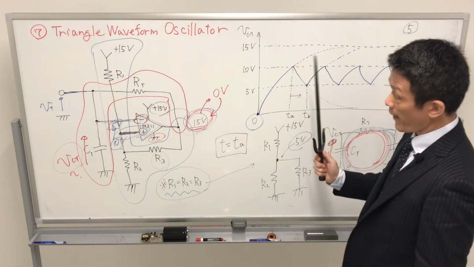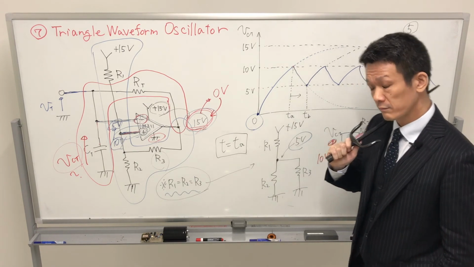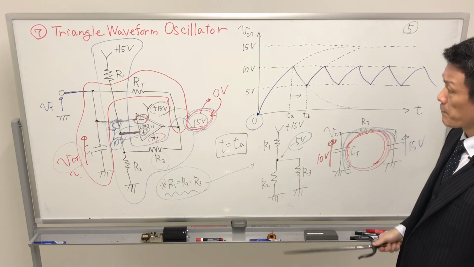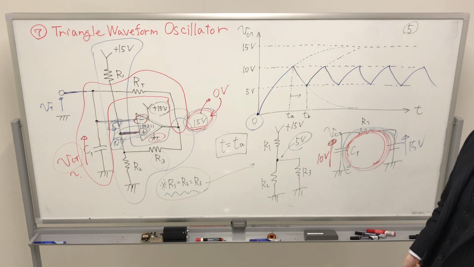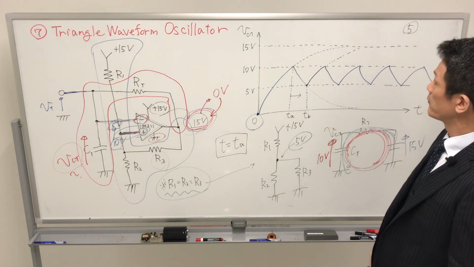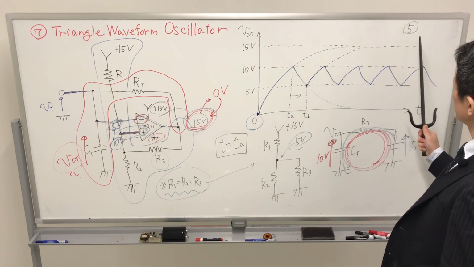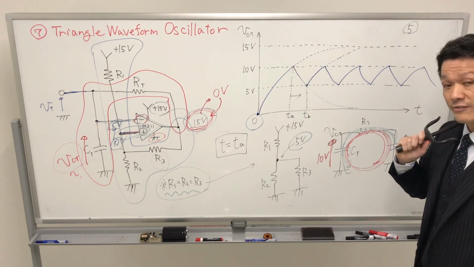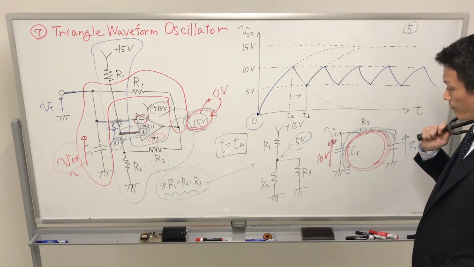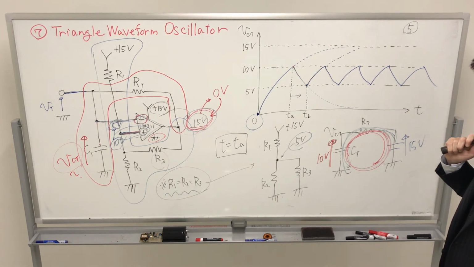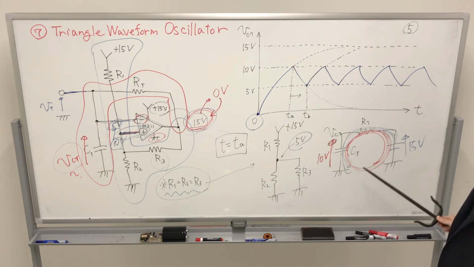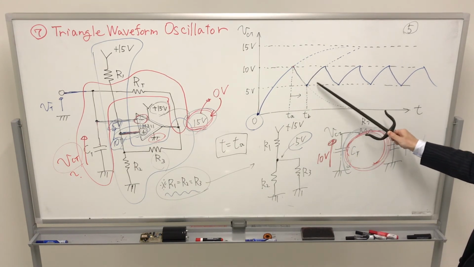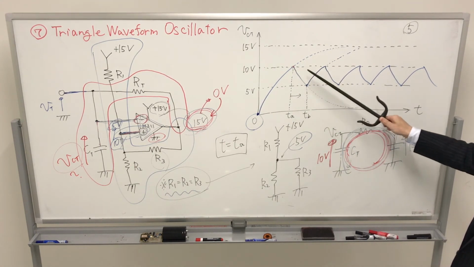This triangle waveform oscillator is using the transient phenomena. We have indicated this in the fifth lecture. Using this, we can obtain the triangle waveform.